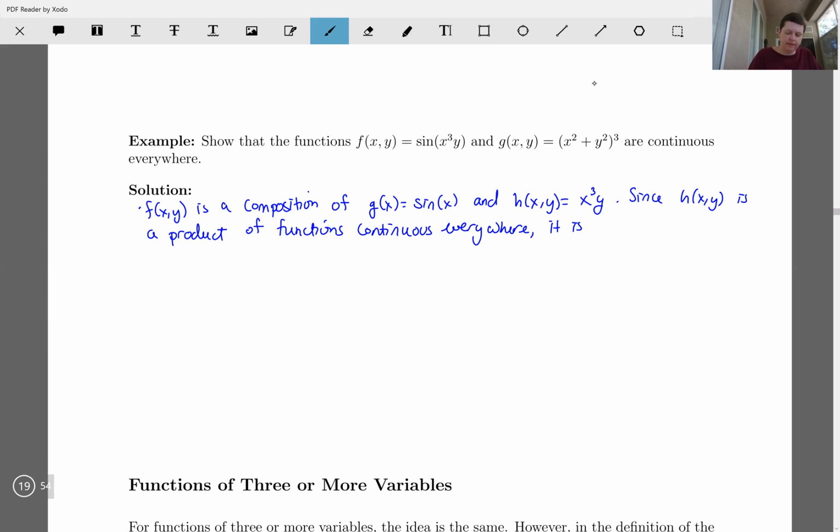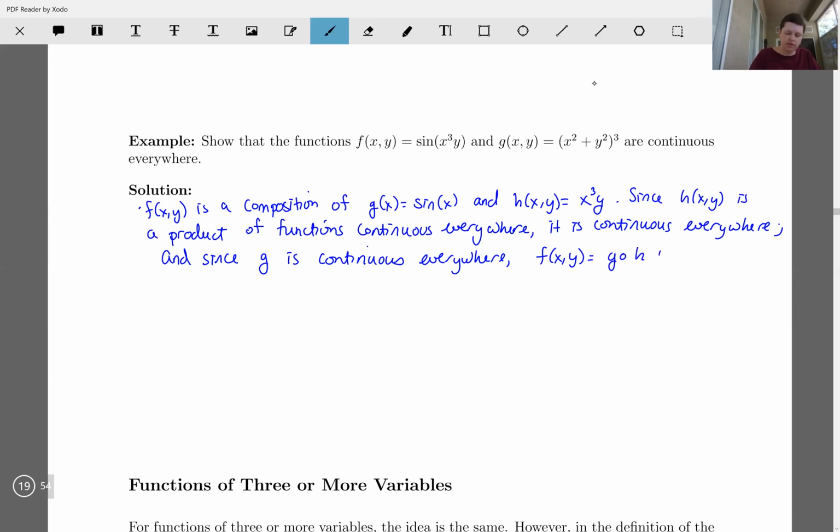Don't you love polynomials and trig functions? And since g, the sine function, is continuous everywhere, f of x, y, which is the composition of g with h, is continuous everywhere.